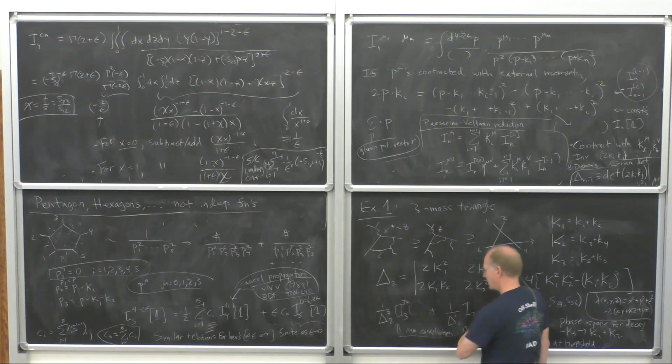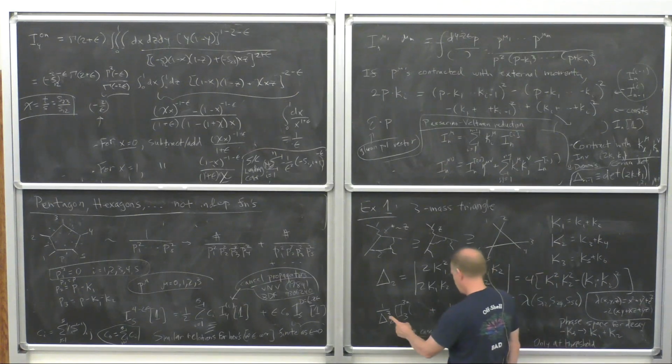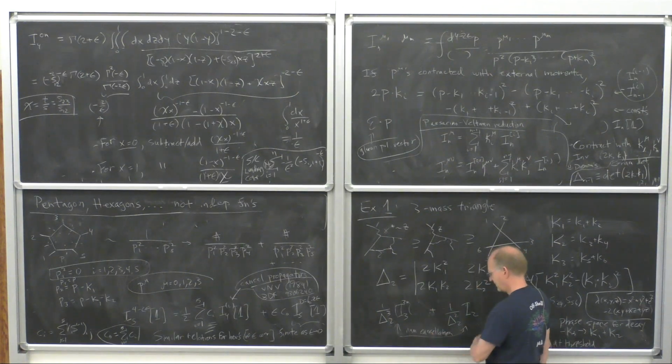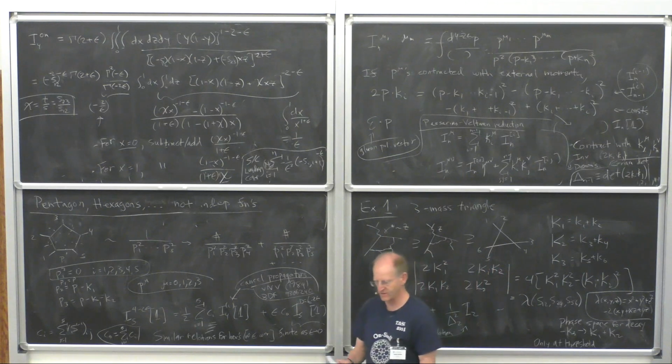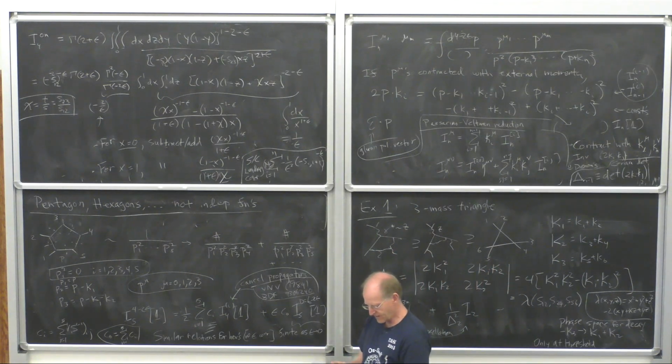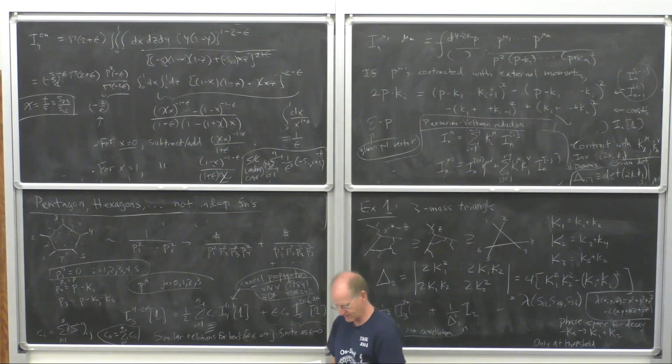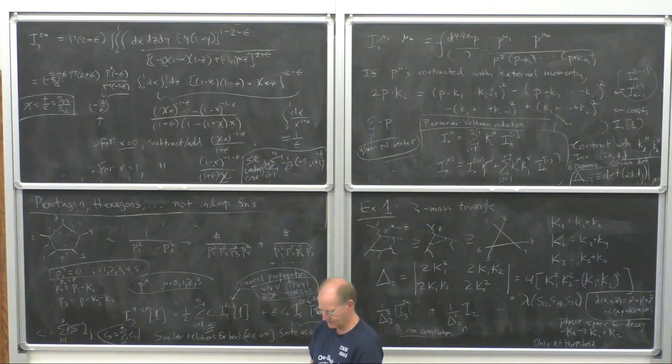The answer would be relatively smooth near threshold, maybe up to logarithms, but there would be apparent power law cancellation. So this is just something you have to watch out for when you're trying to make these things numerical in the end.